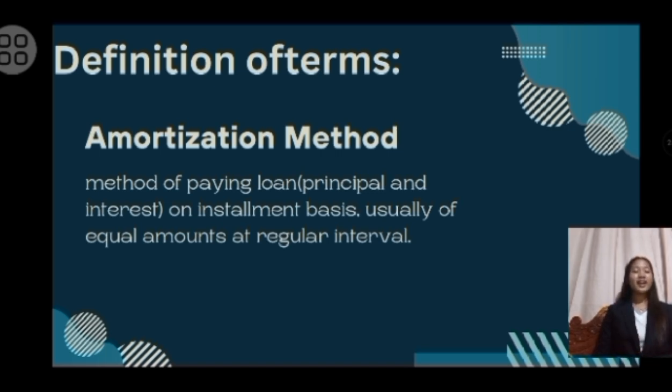So, gumagana ang amortization method. First is fixed payment. You pay the same amount every month or year. And the second one is the principal and interest, kung paano siya gumagana sa principal and interest. At first, more of your payment goes toward interest.